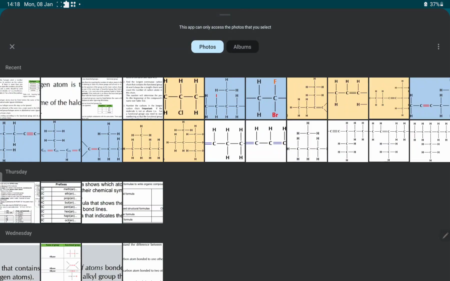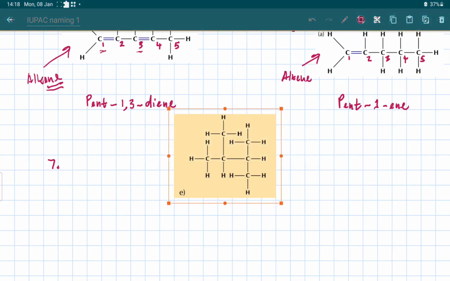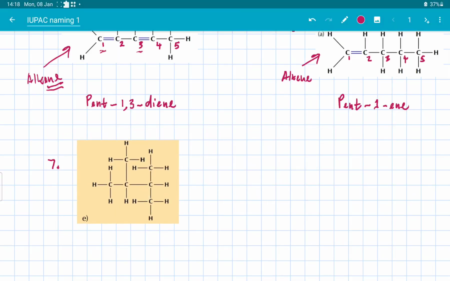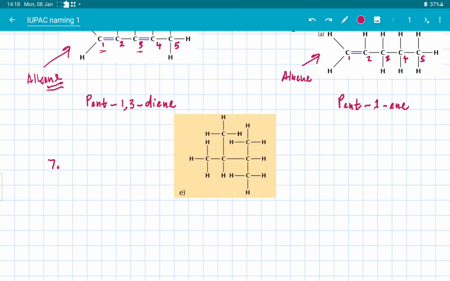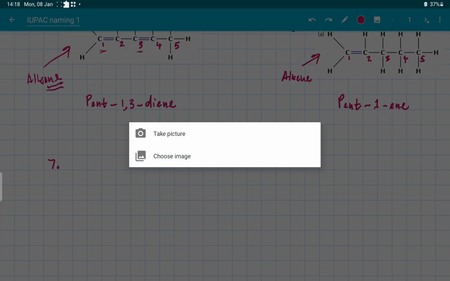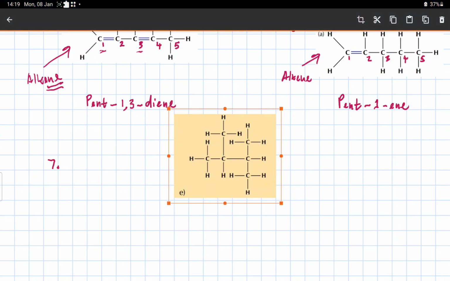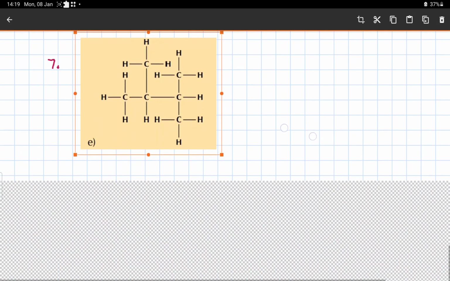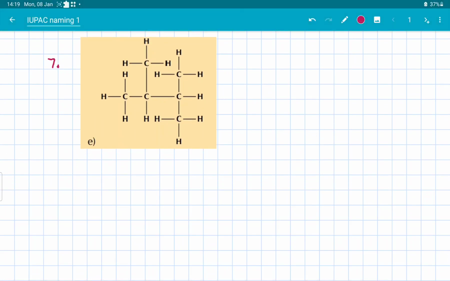Example 7. Just slow down sometimes and explain, 1, 2, 3, 4, 5, 6, 7. Okay, let me just enlarge this image because it's going to make it difficult for me to explain. Now look at this chain.